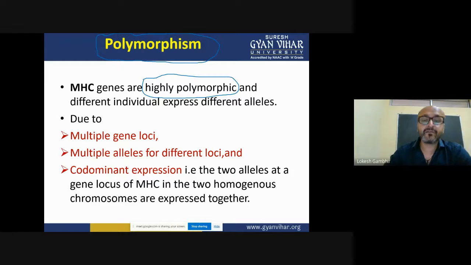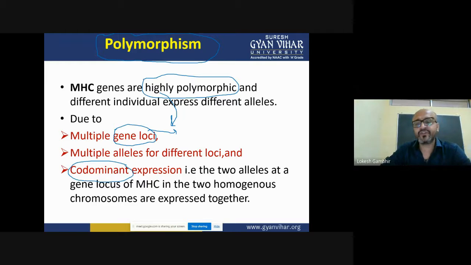Because of this polymorphism, acceptance of the graft varies from individual to individual. This polymorphism arises because it contains multiple gene loci, and among those genes there are multiple alleles present on different loci.